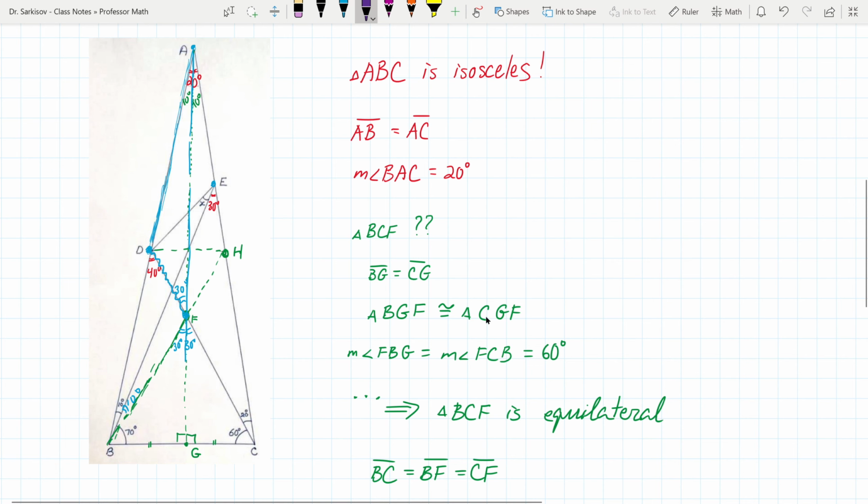Watch this. 20 degrees here and 20 degrees there. The bigger angle, that whole angle A, that's 20, by the way. So let me erase that for a moment. That's 20 degrees there, that's 20 degrees there. So initially we could have said also that the length of AD is equal to CD.